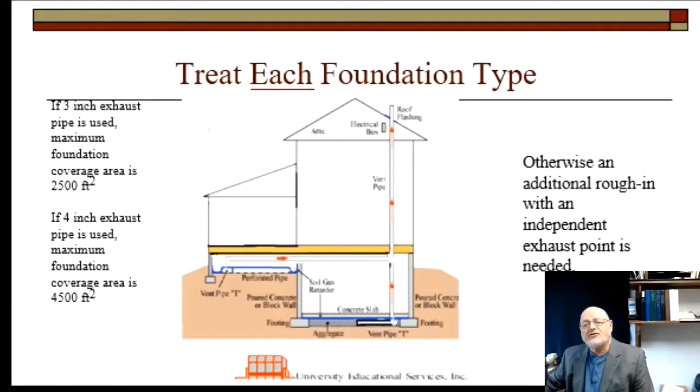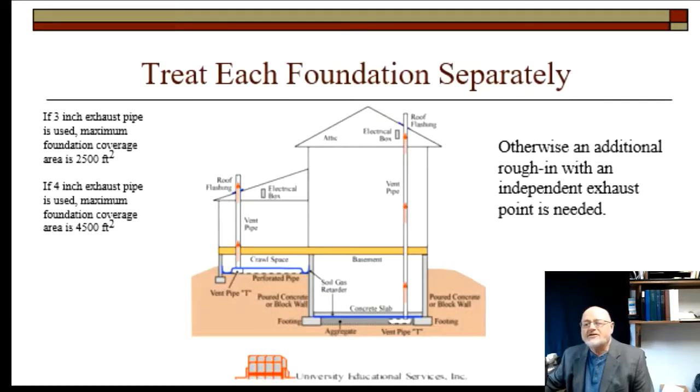If you're using a 4-inch exhaust, then you can cover as much as 4,500 square feet of total foundation area. If the foundation area is more than 4,500 square feet, then you're going to need a second independent exhaust point. And I depict that in the next slide here that you can see.